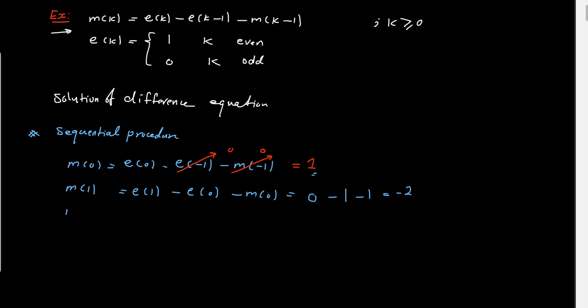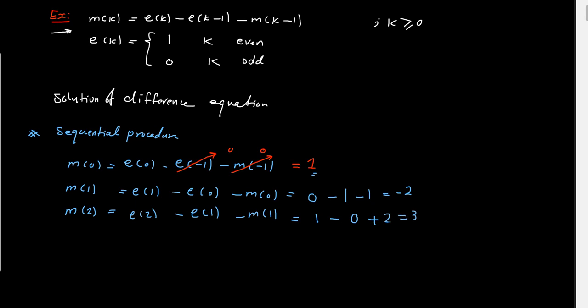We can also proceed by calculating m of 2, which will equal e of 2 minus e of 1 minus m of 1. Now e of 2 is equal to 1, even, minus 0 minus minus 2, so this would be plus 2, so the answer would be 3.